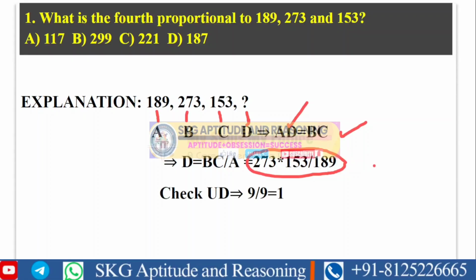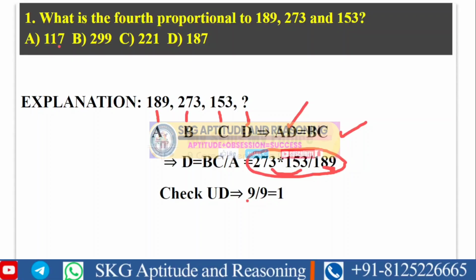Here 3 into 3 is 9, so the numerator's unit digit is 9. The denominator also has 9. Which number multiplied with 9 gives the unit digit 9? I get 9 if I multiply 9 with 1.